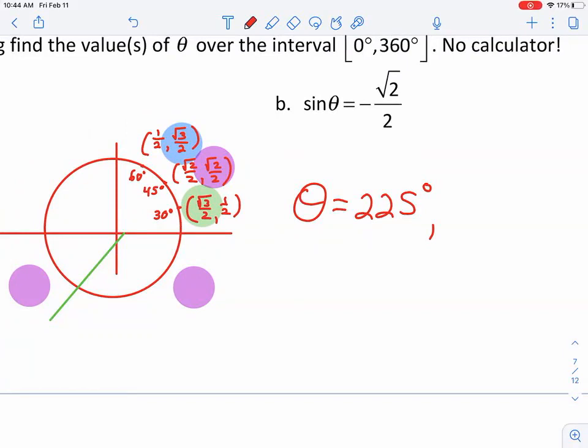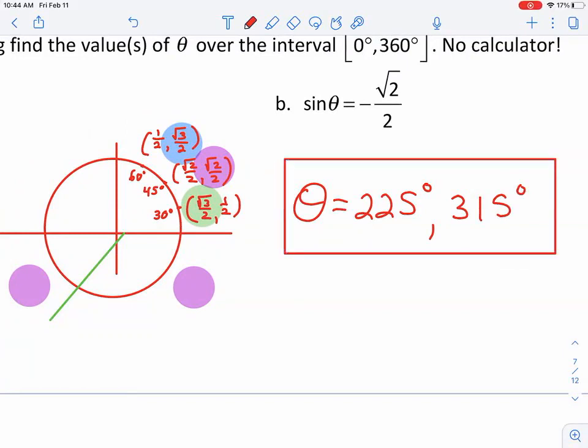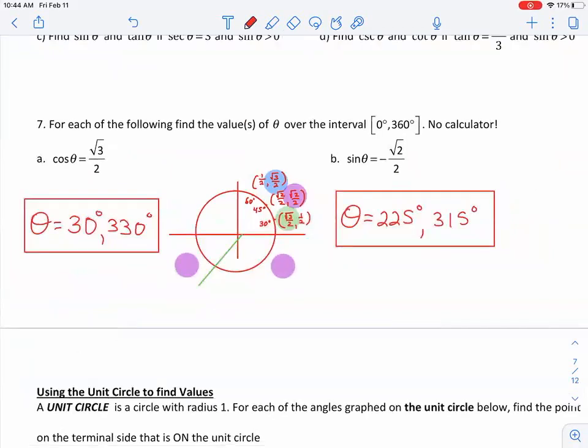And if my reference angle is 45 degrees and I'm in the fourth quadrant, well, 360 minus 45 would be 315 degrees. So knowing the quadrants and a little mental math of adding and subtracting, we're able to determine those quadrants. All right, any questions on that?